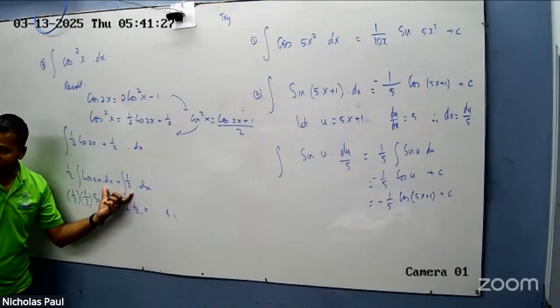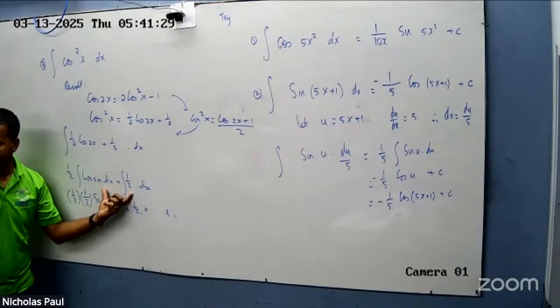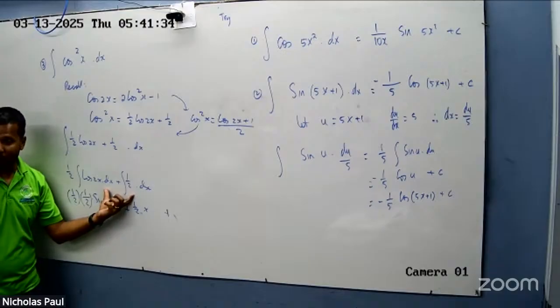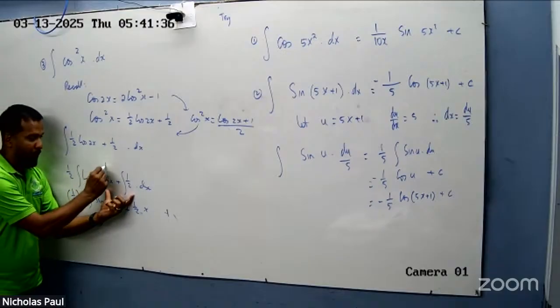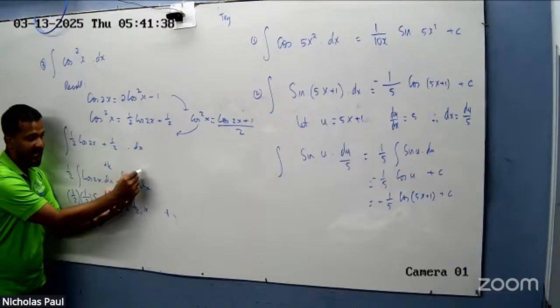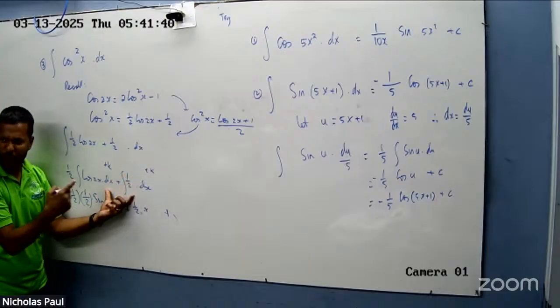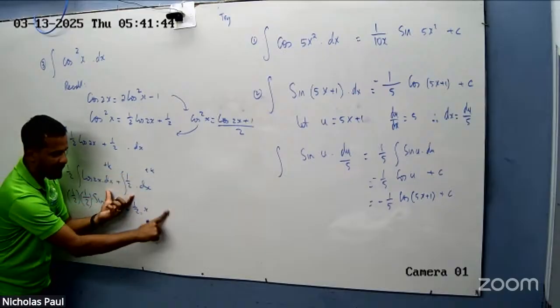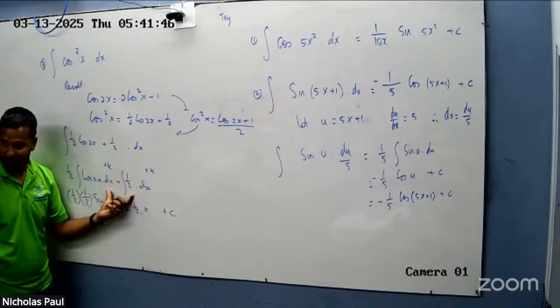Although I'm doing 2 integrals, remember, I'll have a k here and a next k here, 2 different constants. So when I add up 2 constants, I'll get 1 big constant.